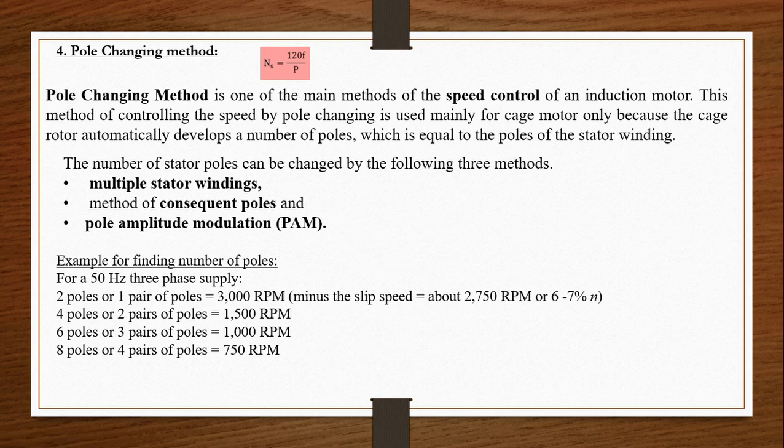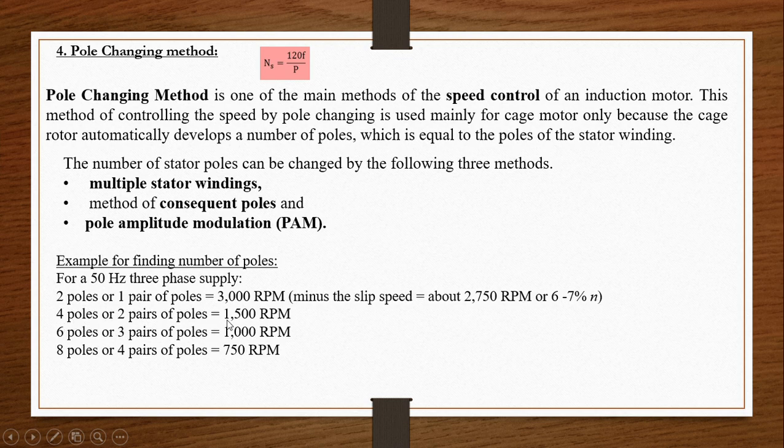I have shown an example for finding the number of poles. If you take 50 Hz three-phase AC supply, 3000 RPM speed can be taken from a two-pole induction motor or one pair of poles. From the nameplate detail itself, we can calculate the number of poles easily.